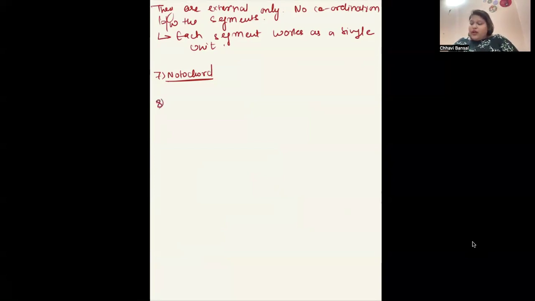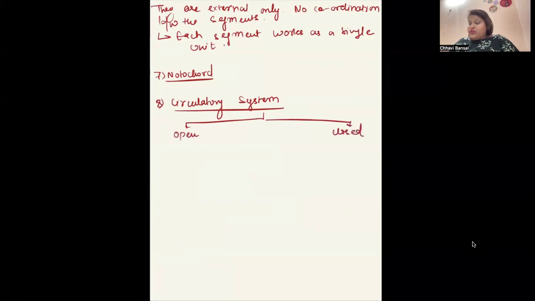Eighth is circulatory system. Now, circulatory system can be of two types: open circulatory system and closed circulatory system. Now, what happens in closed circulatory system? Ours is a closed circulatory system. In us, this is one blood vessel. It brings the blood.